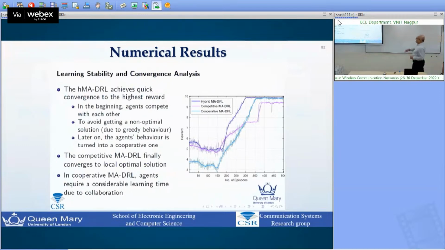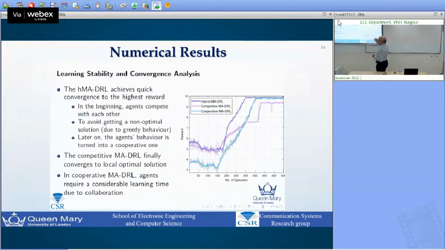At the same time, the final reward after convergence is lower than the competitive or hybrid one. When you take the competitive one, initially it converges a little faster, then later it converges slowly.